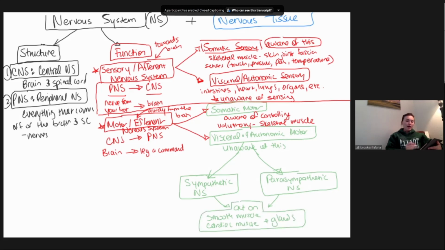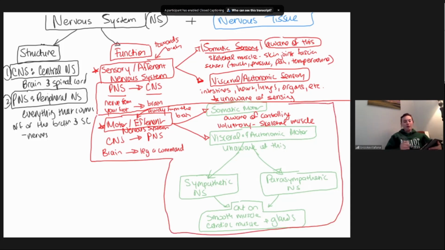You do not have a specific location for visceral or autonomic sensory. Visceral or autonomic sensory just goes to all organs, whereas visceral or autonomic motor specifically goes to smooth muscle, cardiac muscle, and glands.